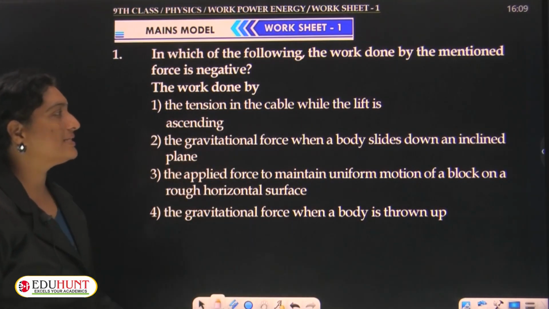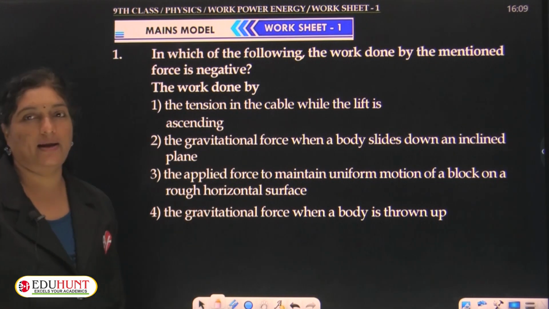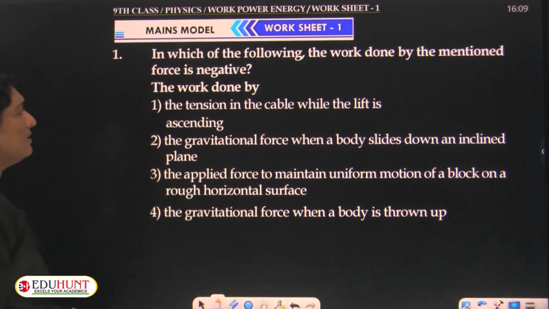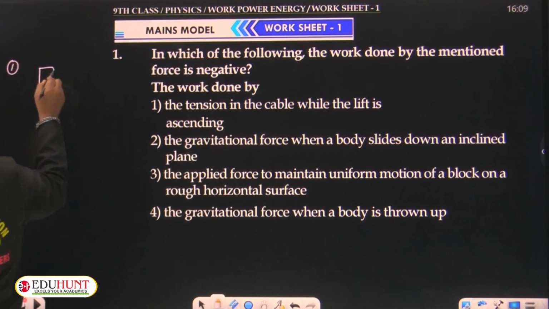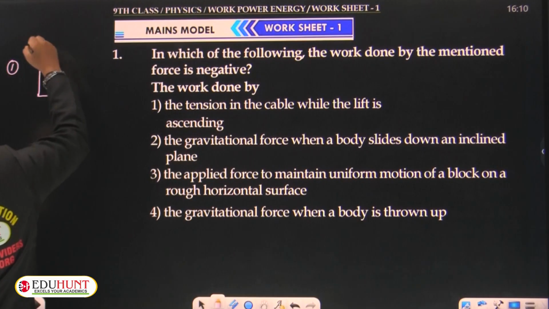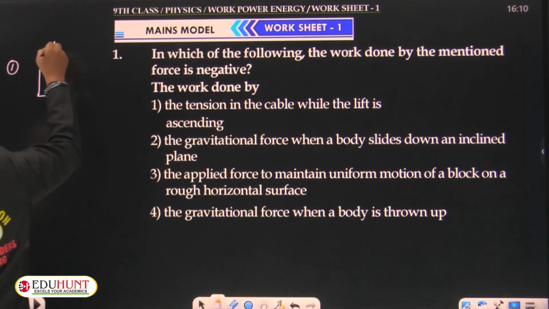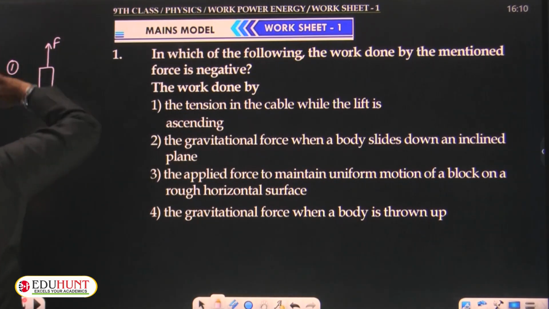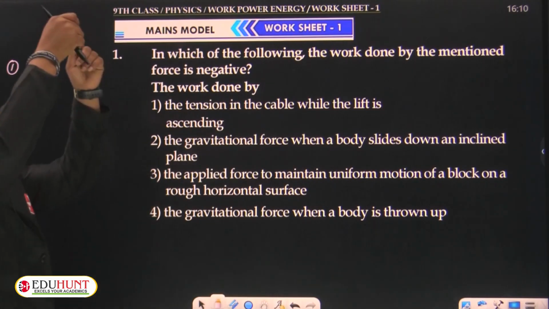Gravitational force when a body slides down an inclined plane. Let me draw the diagrams for each so that I can make you understand. First one, consider a lift with a cable wire. The cable wire is tied upwards, so the direction of force is upwards because it is trying to lift the lift.